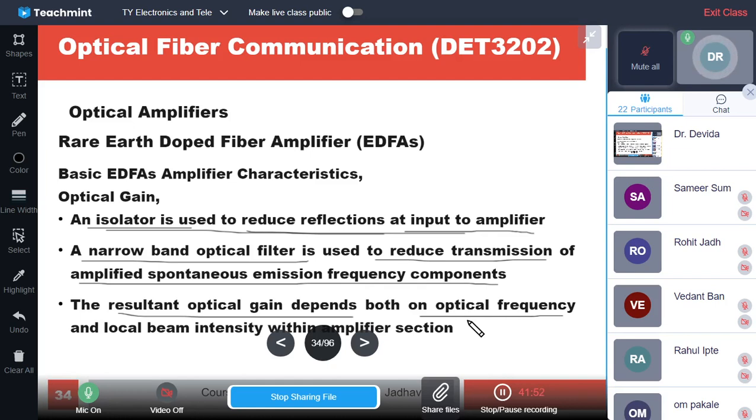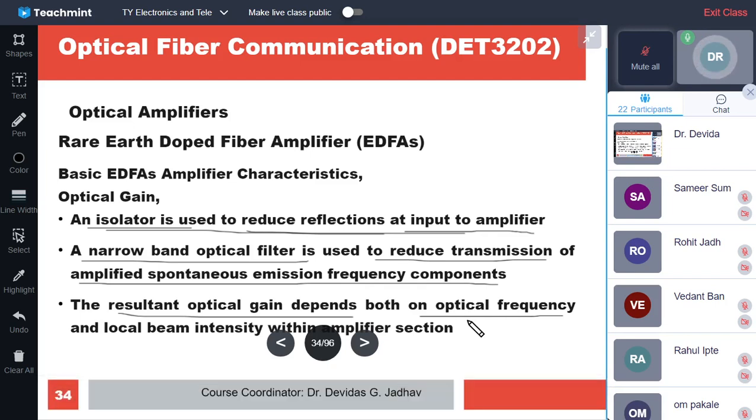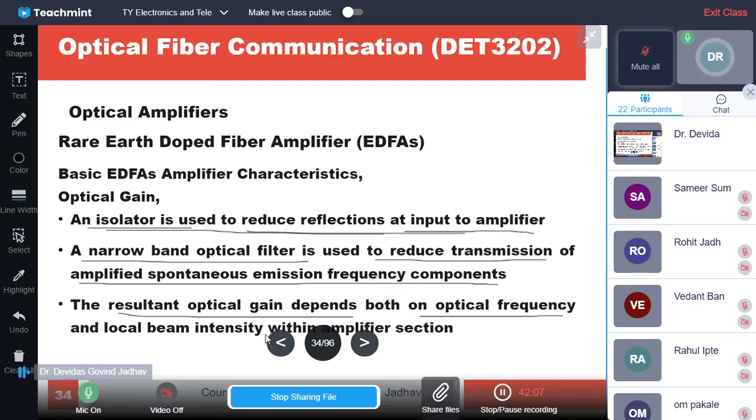After a certain amount of pumping, the gain will not increase, so there is no use in enhancing the pumping energy. This is the limitation.